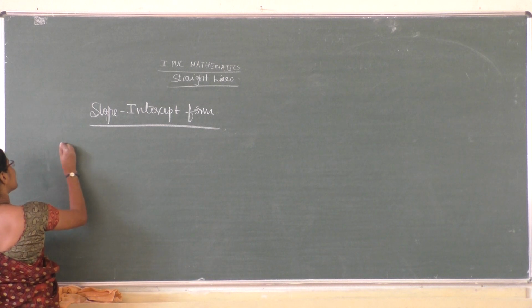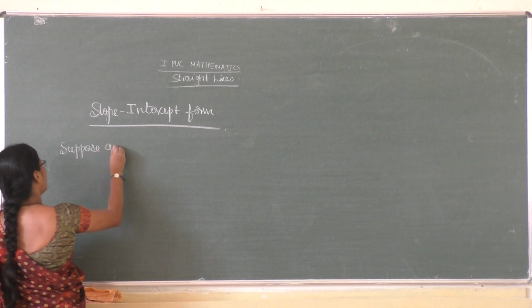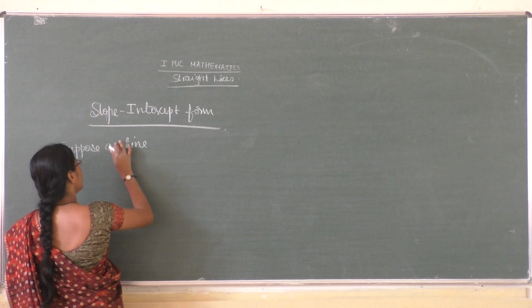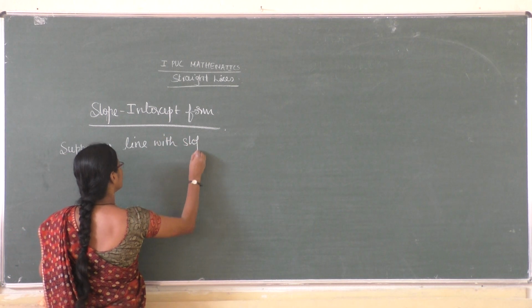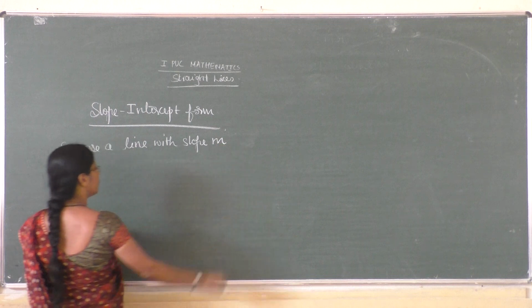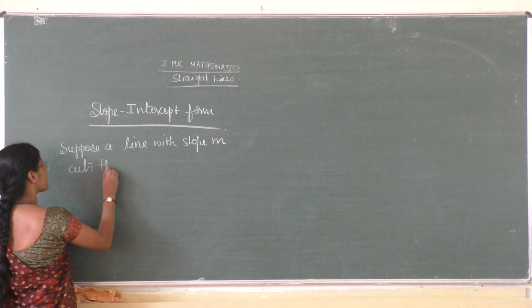So, suppose a line with the slope m cuts the axis.